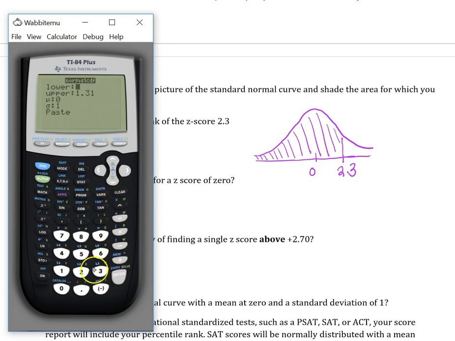So either way, you could do negative 1 E 99, or if you just hit negative and a bunch of 9s, like that's a big enough negative number that it will work. For my upper bound, I'm just going to fix this to 2.3. Mean, standard deviation, hit paste. Enter. And there you go. So 0.989297.